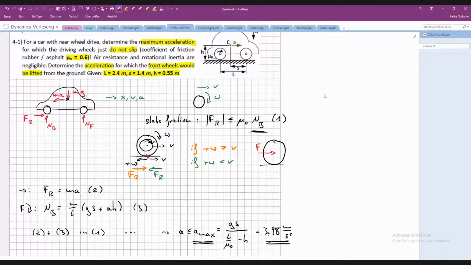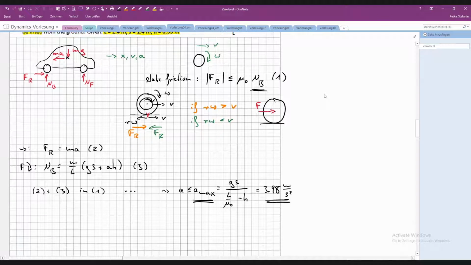Okay, so that's the first part that you should have obtained, the solution for the first part of this problem. And in the second part, it's asked for the acceleration for which the front wheels are lifted from the ground. If the front wheel is lifted from the ground, there's no normal force acting on the front wheel because there's no connection between front wheel and road anymore.